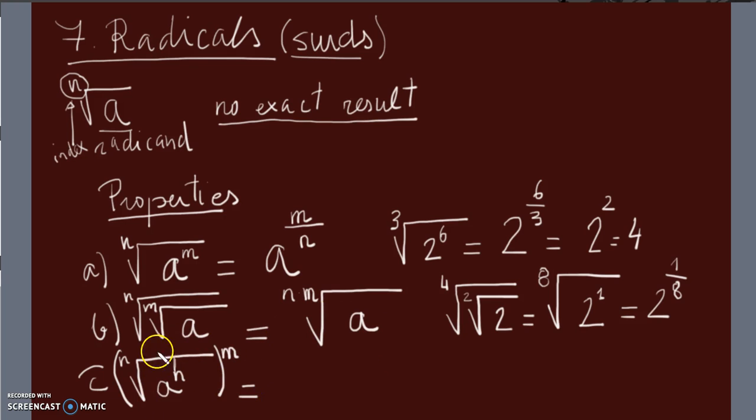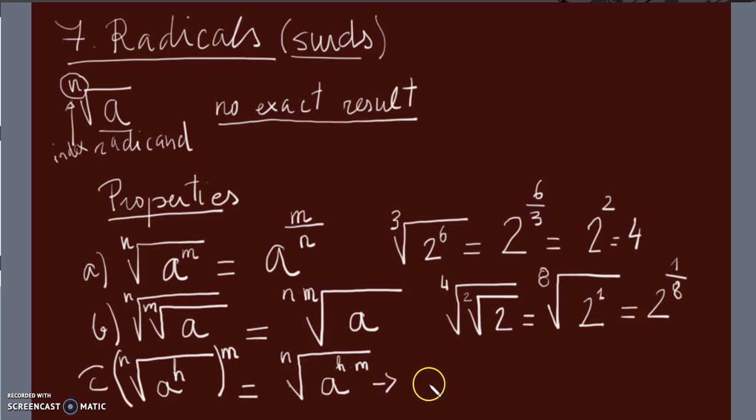So if you want to simplify this, it's very easy. We write the radical with index n, and in the radicand we write a to the power of h times m. So we can remove this exponent, we put the exponent down in the radicand and we multiply the exponents.